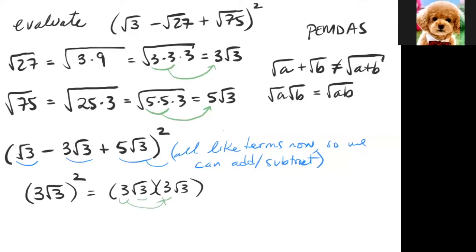And we have the radical part, and they can be multiplied together. So we could say that this is 9 root 9. And root 9 is 3. So we get 27. Yeah.